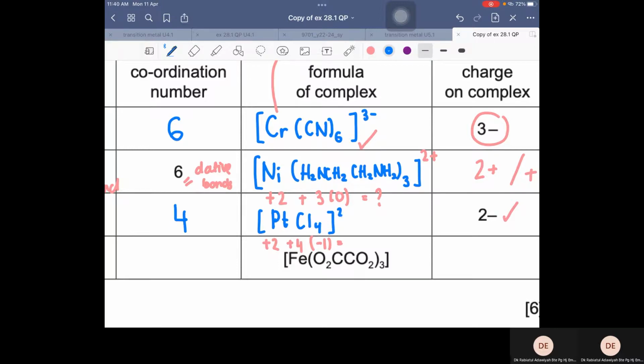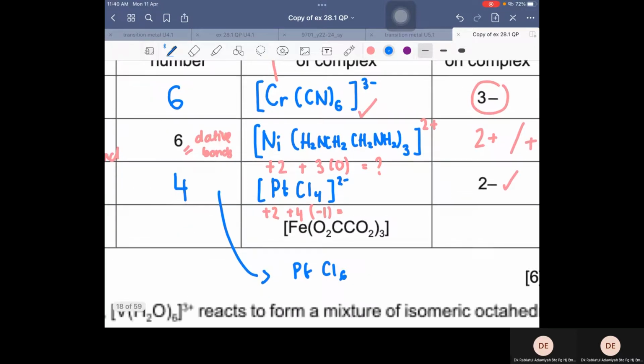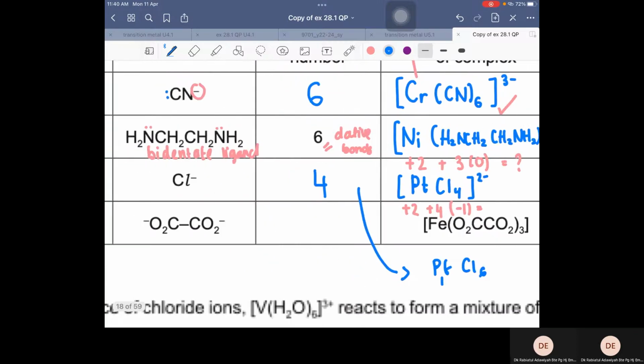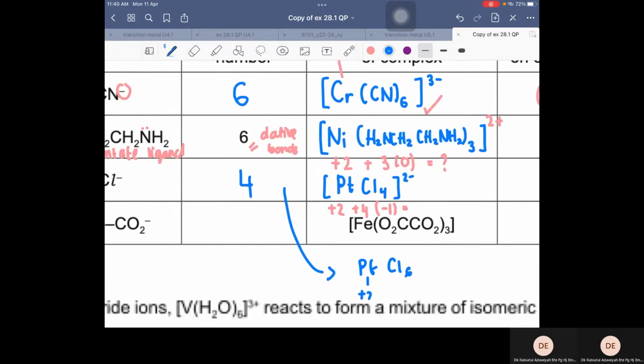What is an example of a wrong answer? For example, you wrote PtCl6. You thought that chloride would have a coordination number of 6, or an octahedral structure. So you check that Pt is plus 2 as given. Each chloride ligand, or each chloride unit, is minus 1. So plus 2 minus 6 would be plus 4.